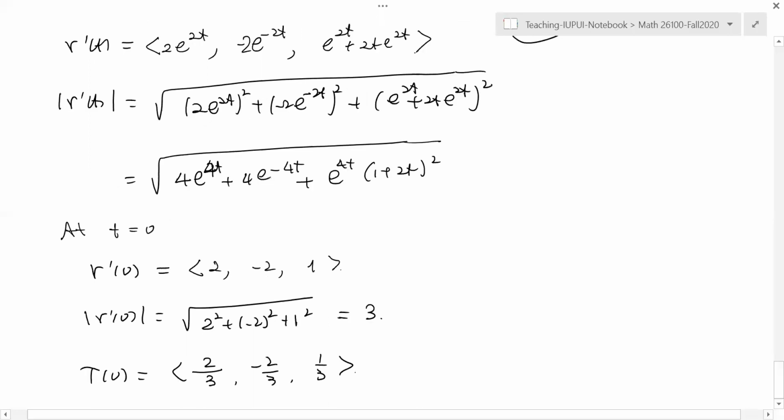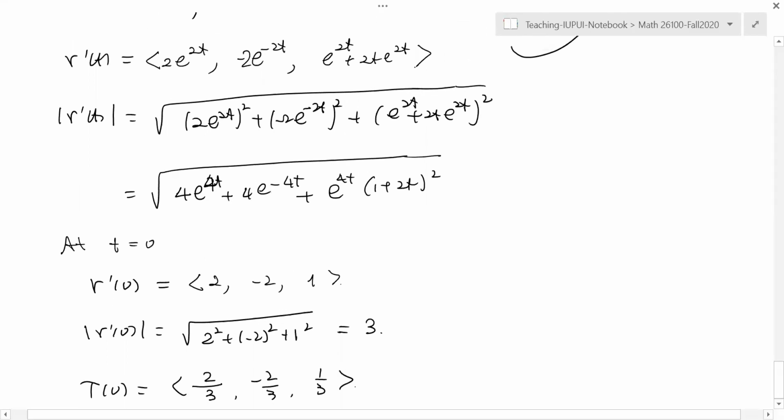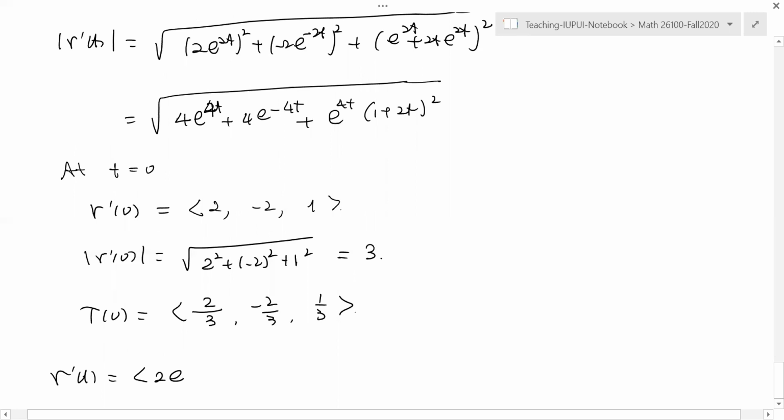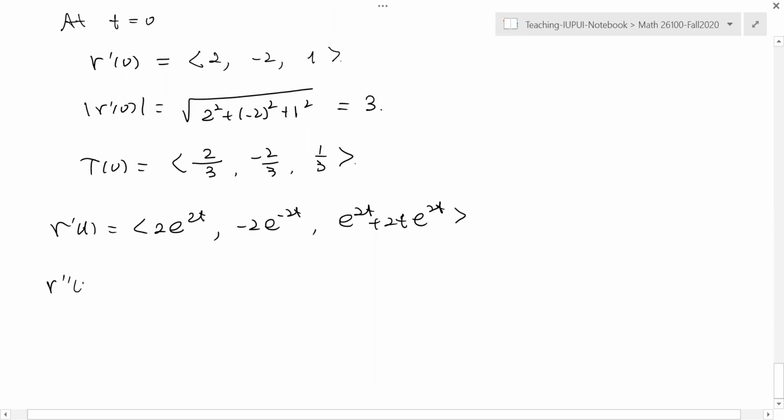Now I have to find the second derivative of the function. I need to copy the function here. Let's find the second derivative: 4e to the 2t, and 4e to the negative 2t.